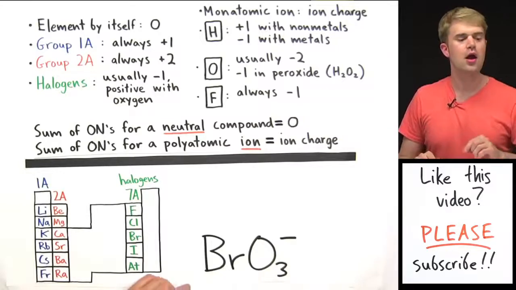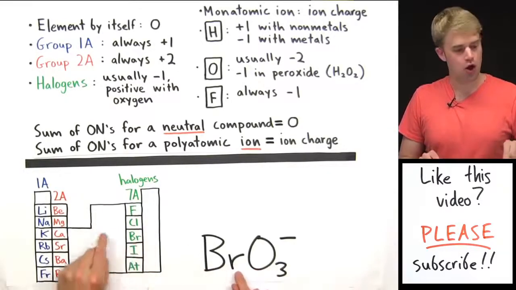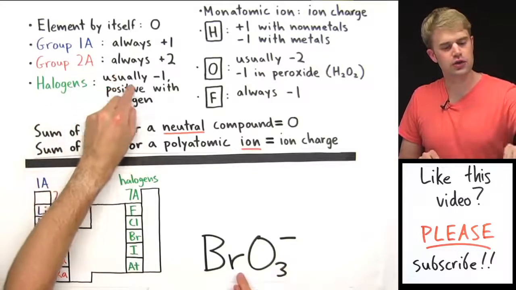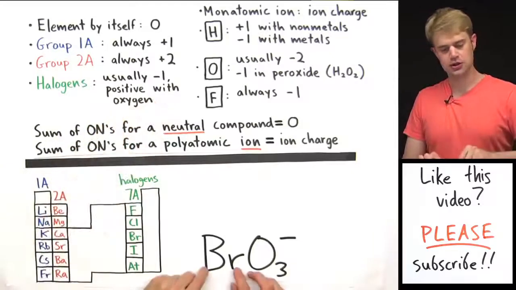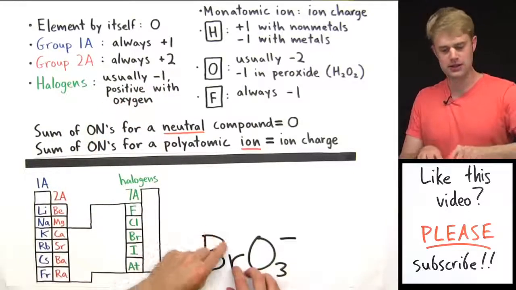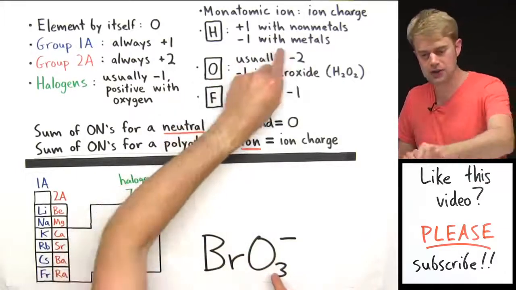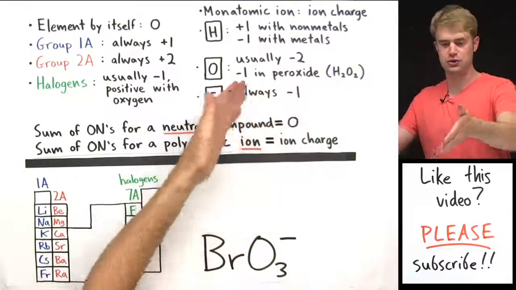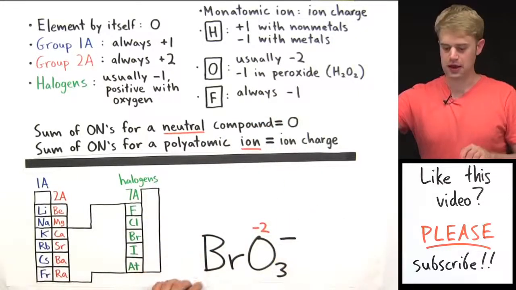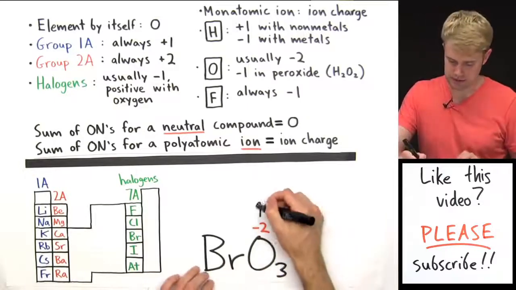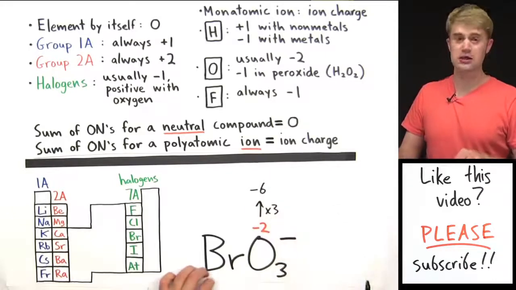BrO3 1-. This is a tricky one, but it's pretty common. So Br, bromine, is one of the halogens. The rule for the halogens is they are usually -1, but they are positive with oxygen. So I'm not going to put -1 in here because it's with oxygen. So let's go to oxygen instead. Oxygen is usually -2 since it's not in peroxide. So let me put that here, -2. Now we have 3 oxygens, so that's going to be times 3 to give us -6.